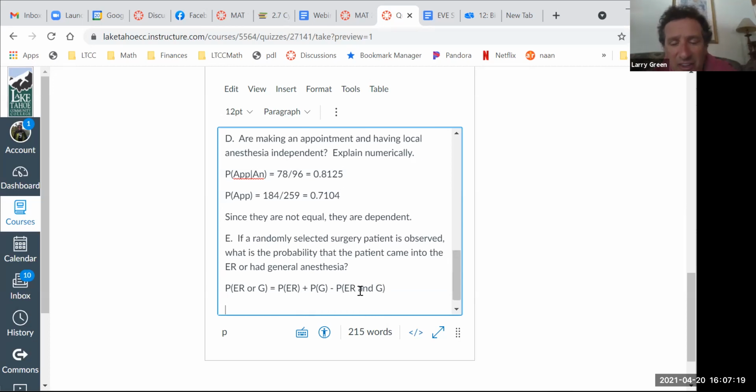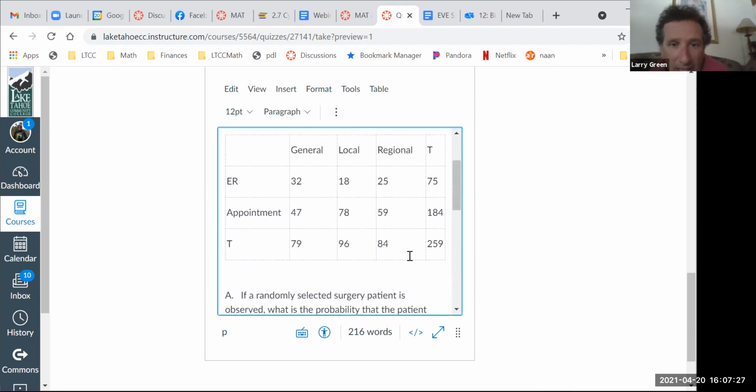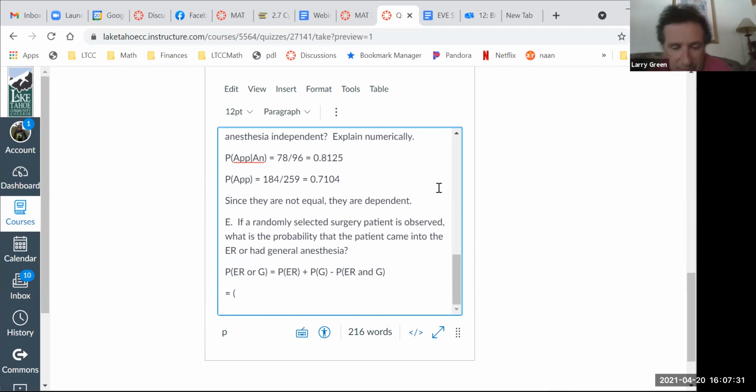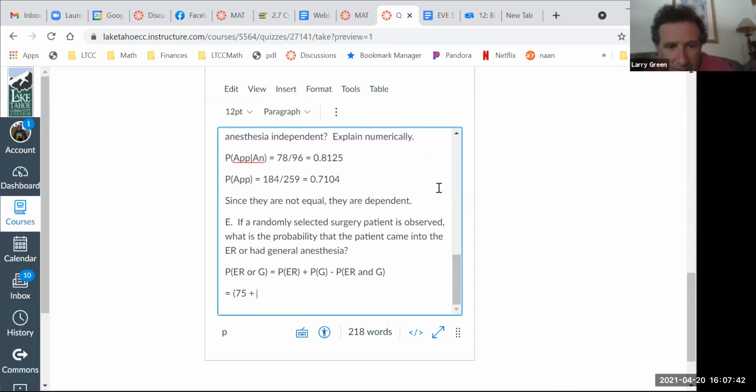Okay, and notice there's no givens here. They all have the same denominator, so we can just add up the numerators. So ER, start there. And there were 75 ERs. And then the Gs, generals, there were 79 generals. And then minus ER and general.